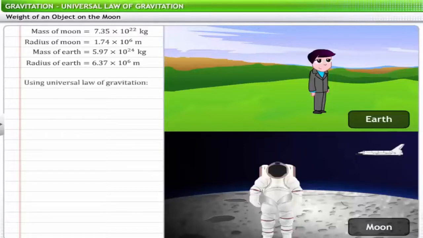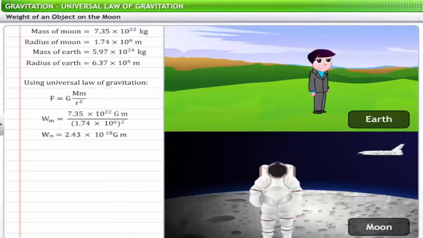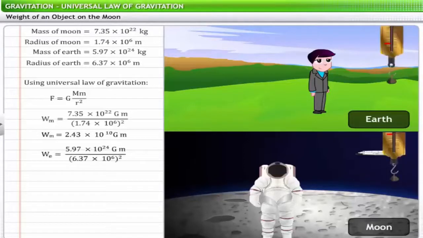Using the universal law of gravitation, we can find the force or weight of an object of mass m on Earth and the Moon. By substituting the values and solving, we get the weight of the object on the Moon as 2.43 into 10 raised to the power 10 into g into m. Similarly, we get the weight of the object on Earth as 1.47 into 10 raised to the power 11 into g into m.